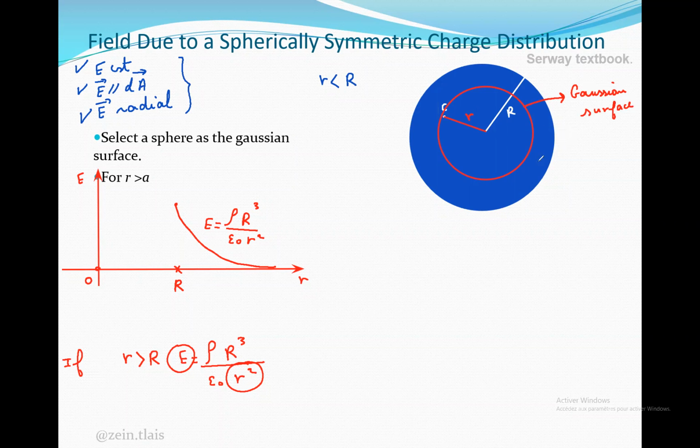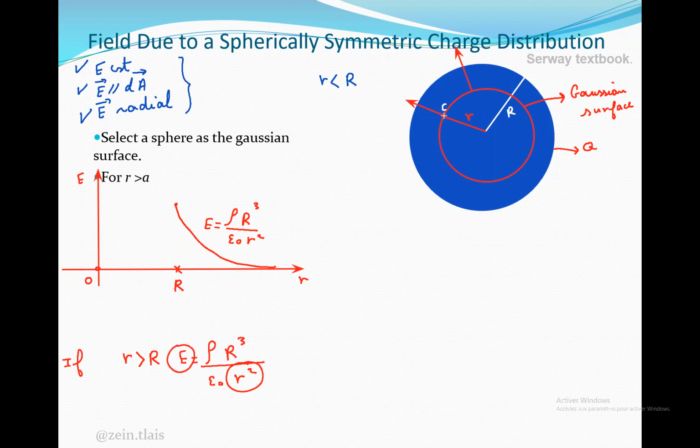And the blue sphere has a total charge capital Q. And I want to calculate the field at the point C. At this point, you know that the electric field is outward.